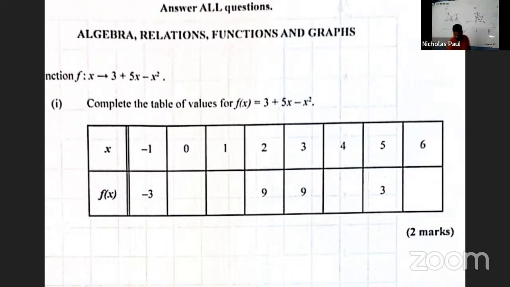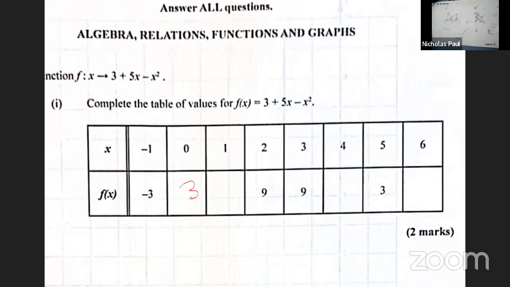Try. You can do one before without looking. Okay, let's see it. All right, so when x is 0, what you got? 3.